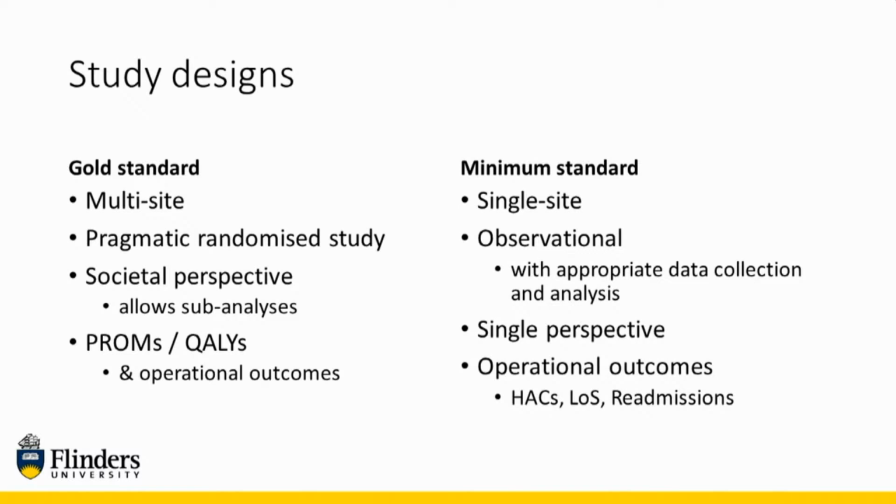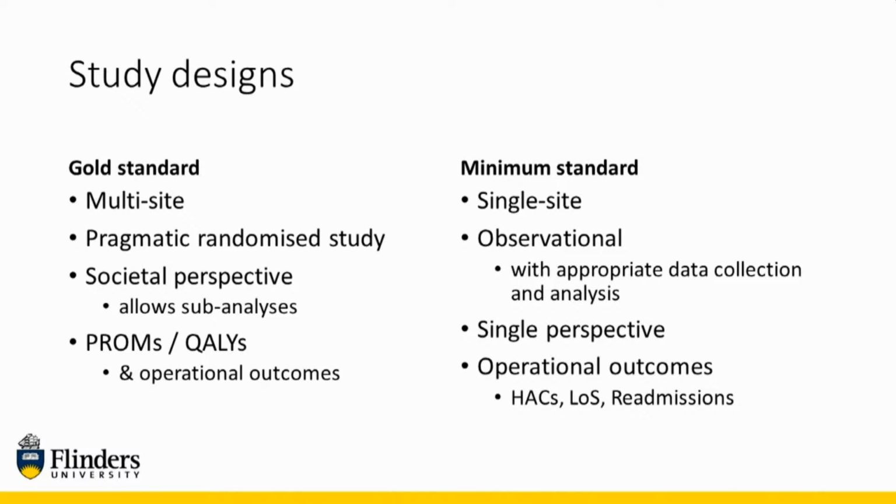And so you may think in terms of a gold standard study design may involve multi-site, so multiple sites involved in the evaluation, a pragmatic randomized study that reflects how the intervention would be used in practice. You take a societal perspective, so you're capturing the broadest range of costs, and you can do sub-analyses to look at different perspectives, and you collect patient-reported outcome measures so that you can estimate QALYs, but you can also look at operational outcomes.